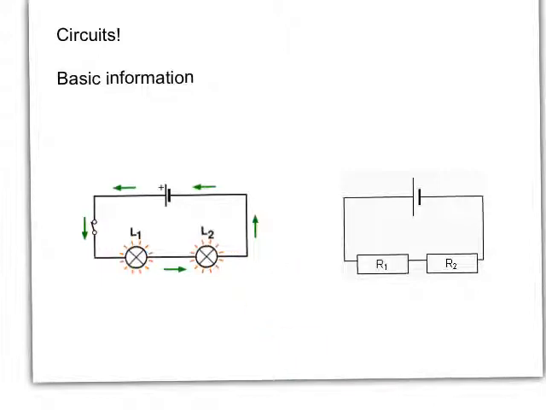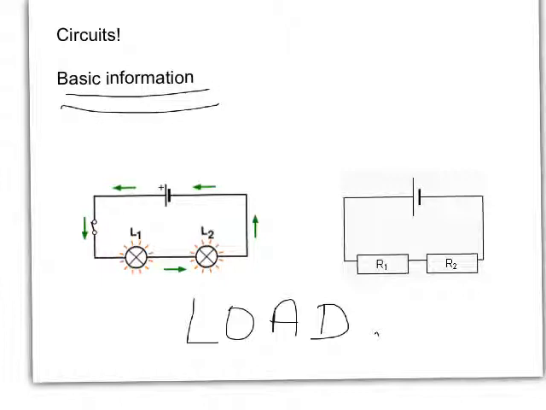Okay? The resistance is sometimes called the load on a circuit. And I think that's pretty much it for basic information. I'm going to give you a couple of other things to think about.